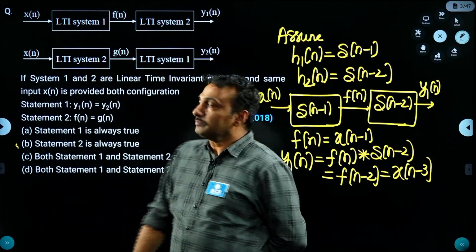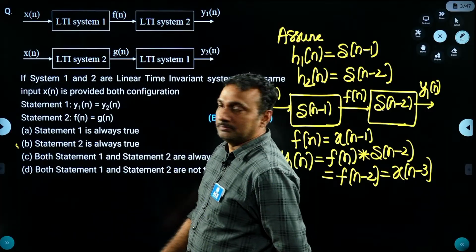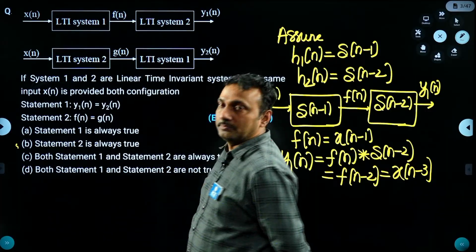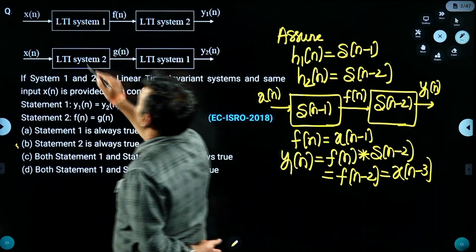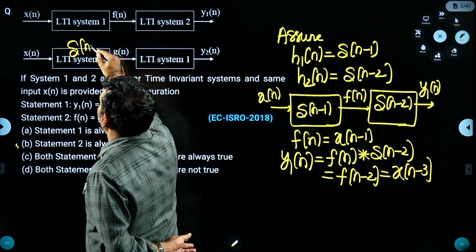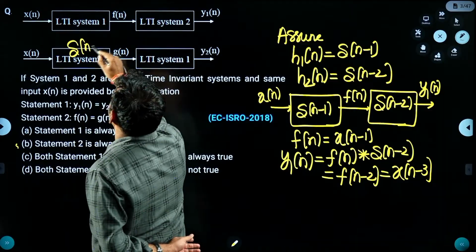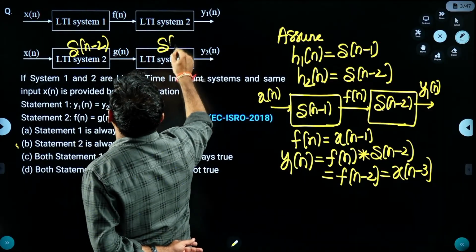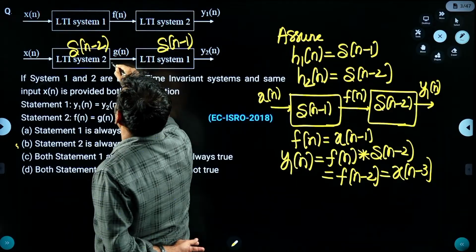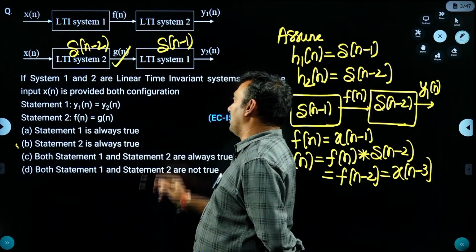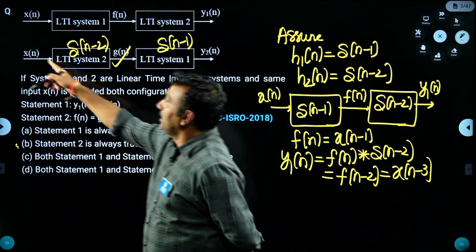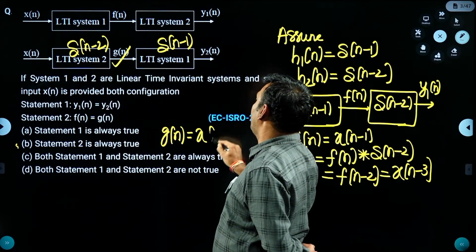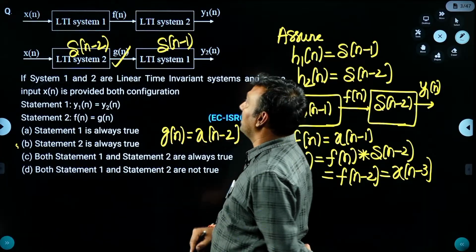But let us observe the lower block diagram, where the LTI systems are connected in series. Here we are choosing del of n minus 2 as second system. Here we are choosing del of n minus 1. What is the output g of n we can write? It is x of n convolved del of n minus 2, means x of n minus 2.